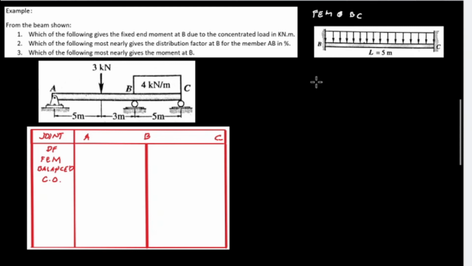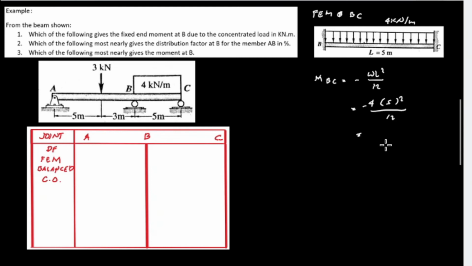The formula for a uniform load for fixed end moment: MBC is equal to negative WL squared all over 12. For W, we have 4 kilonewton per meter. That's negative 4 times L, that's 5 squared, all over 12.